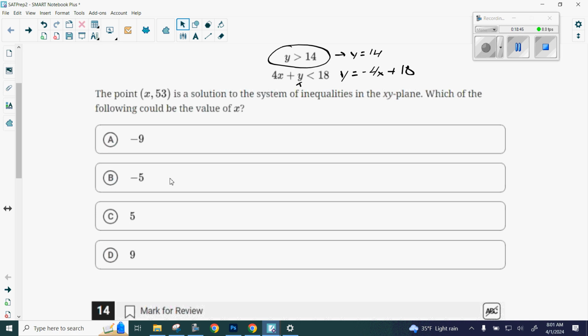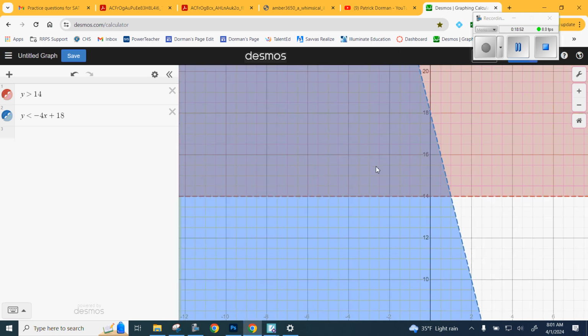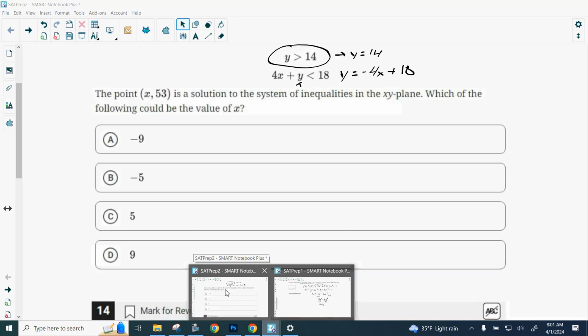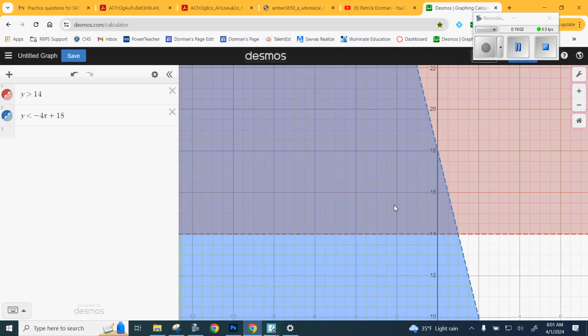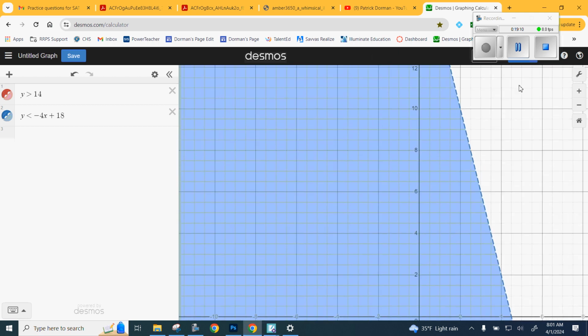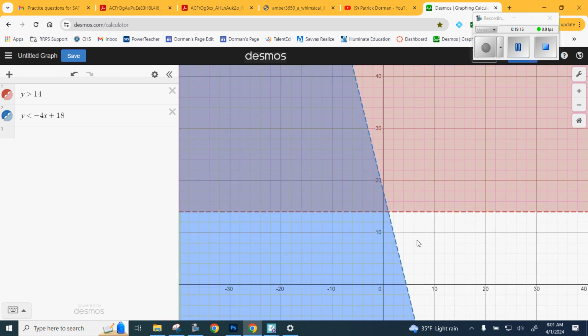Those are the only two that are possible, because if we look at this, we don't want an x value, right? I would like to zoom out. There we go. All right, so this is our intersection of the two.